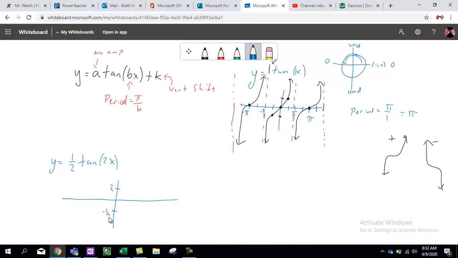It doesn't really matter that much other than that first point. I go 1, 2, 3, 4. 1, 2, 3, 4. Now I know that the second mark is going to be my asymptote.